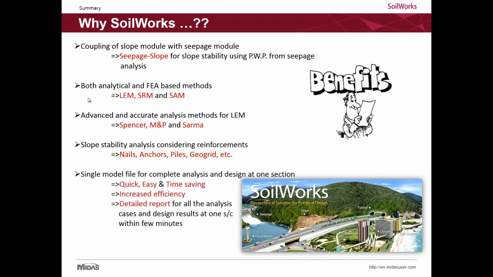Lastly, and most importantly, a single model file for complete analysis and design at one section is done in SoilWorks, which makes the work quick, easy and time saving. Increased efficiency is obtained, and we also get the detailed report for all the analysis cases and design results at one section within a few minutes.